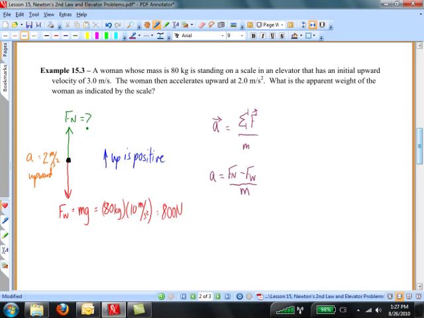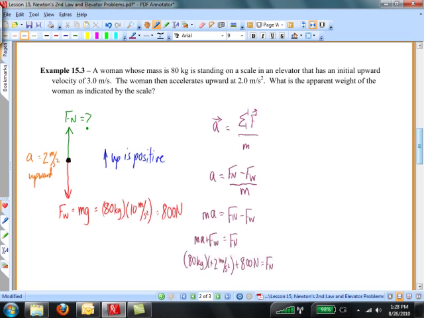Now, I'm trying to find a number for Fn. I could feed in my numbers at this point, use TI-solve, and that's going to solve the problem for me. Or I could algebraically multiply both sides by the mass, then add the weight to both sides, and I'm going to get an expression for the normal force. I'm going to choose to solve it algebraically. Now I have an expression that I can put numbers into.